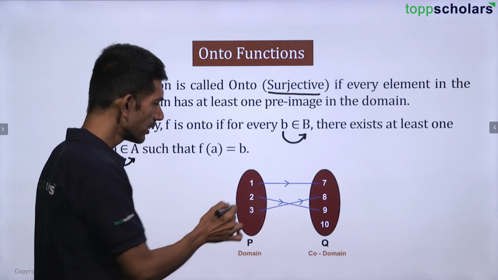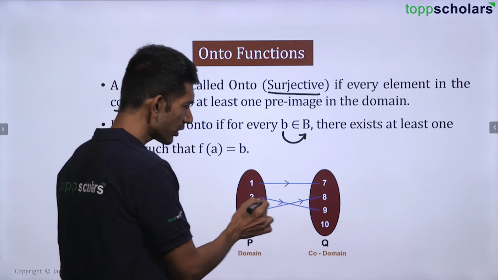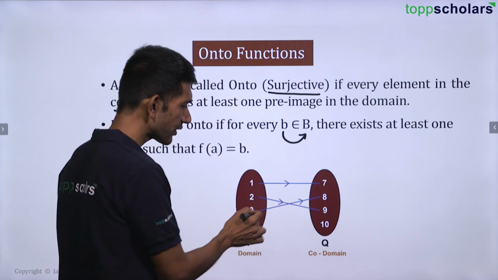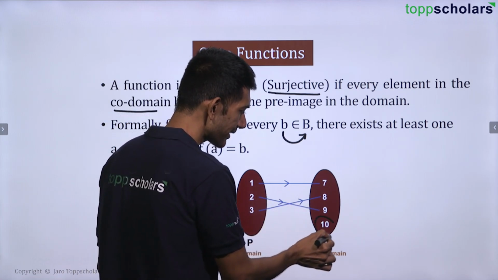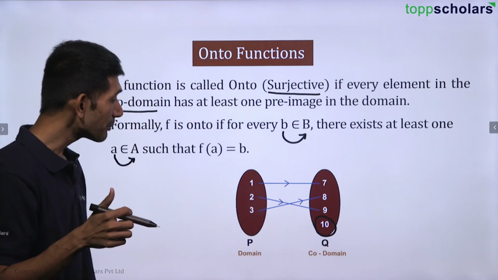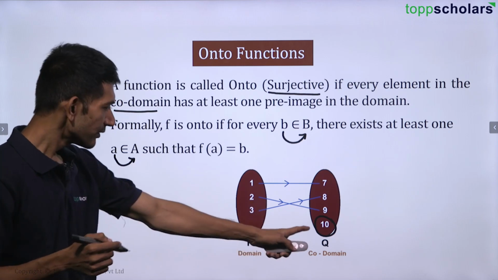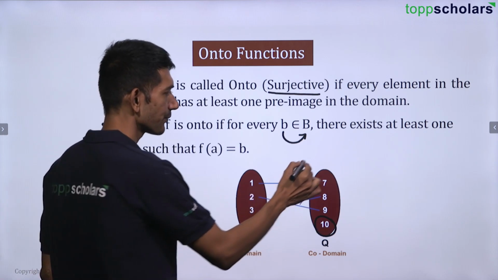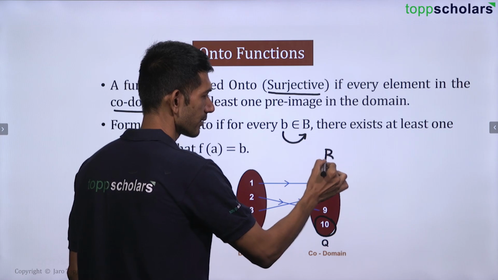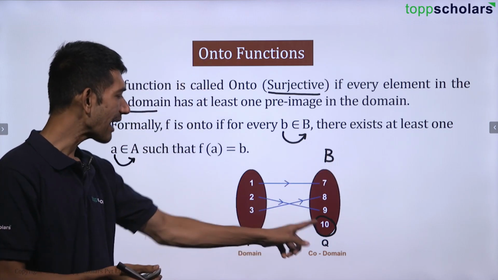If you see here, 1 is mapped with 7, 2 is mapped with 9 and 3 is mapped with 8. But this 10 is not mapped to any element. That means there exists this 10 belonging to B for which we don't have a pre-image.